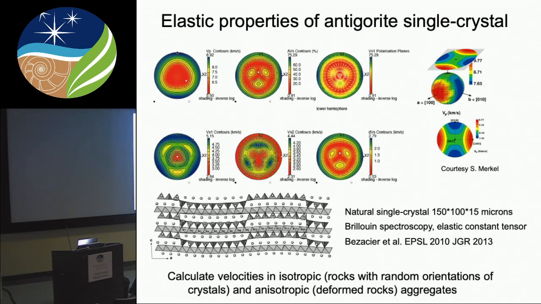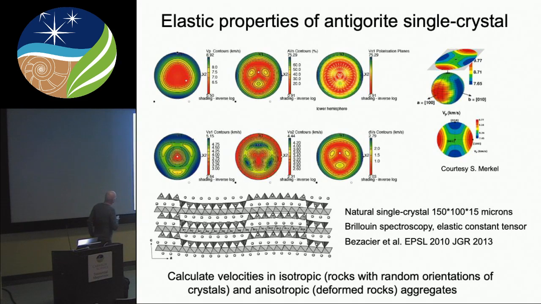So we can measure velocities in different directions of this single crystal, and from that we get the elastic constant tensor, and then we can recalculate in 3D the wave velocities in all directions of the sample, and we project that on a stereographic projection to get this kind of plot.